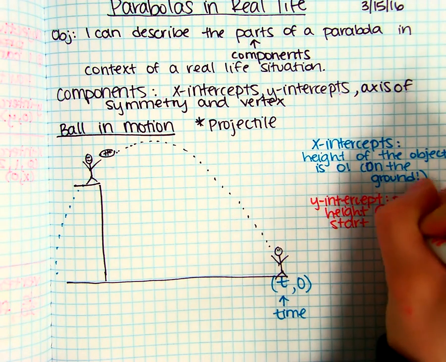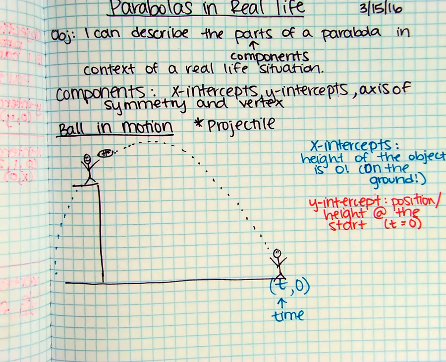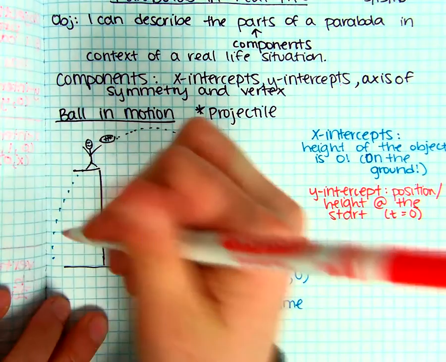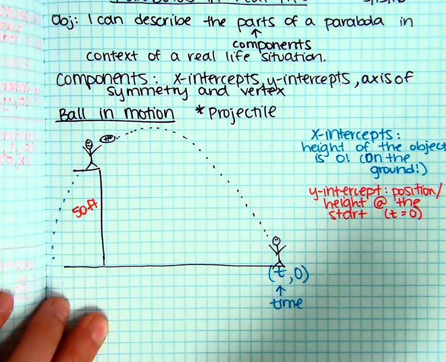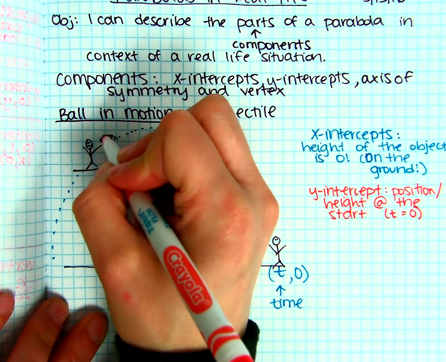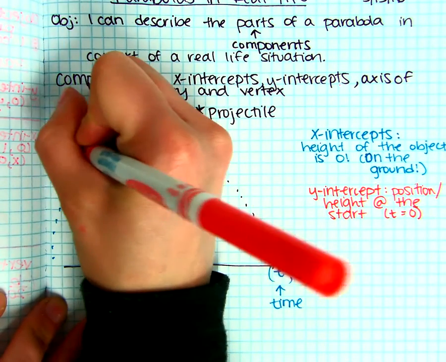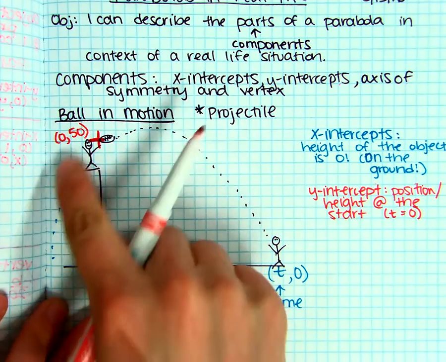And I'm going to say when t equals 0, because that's before it's been thrown. So let's say this guy is 50 feet off the ground. Okay, he's on a 5-story building. So your y-intercept would be right here, okay? And it would be 0, 50, because he is 50 feet off the ground.